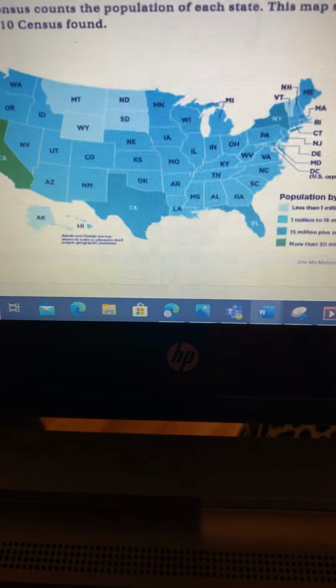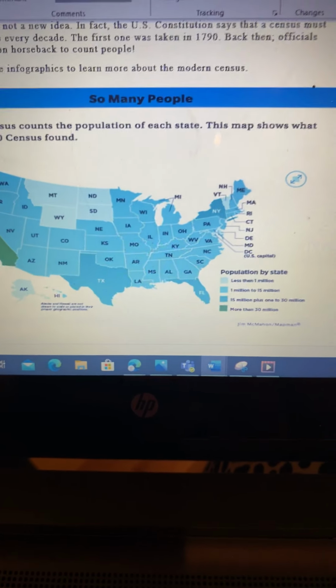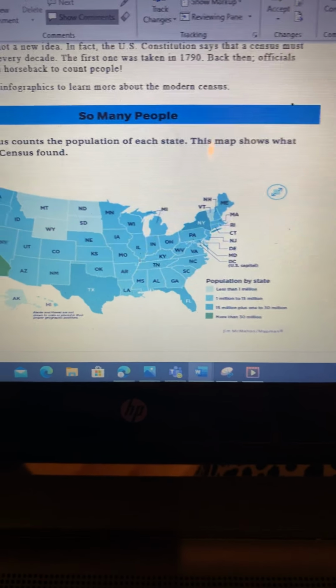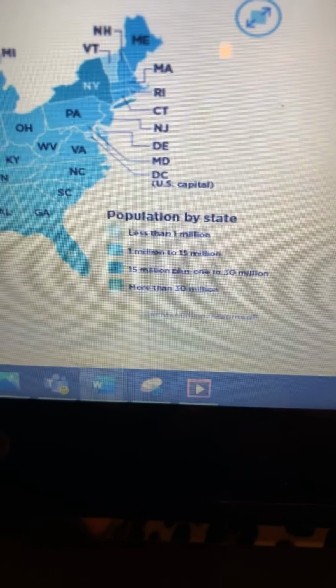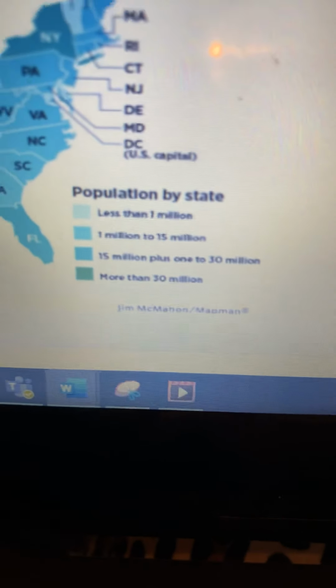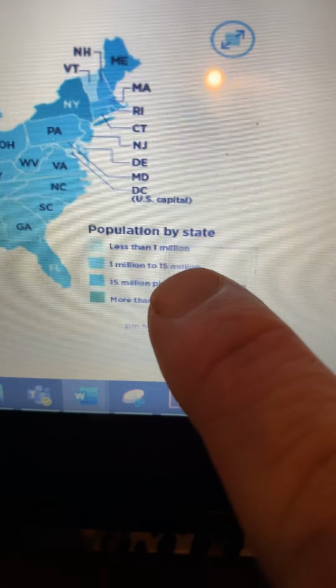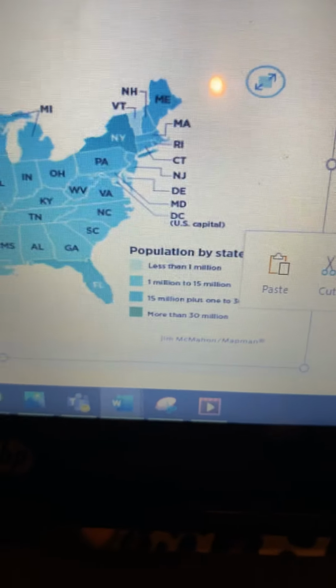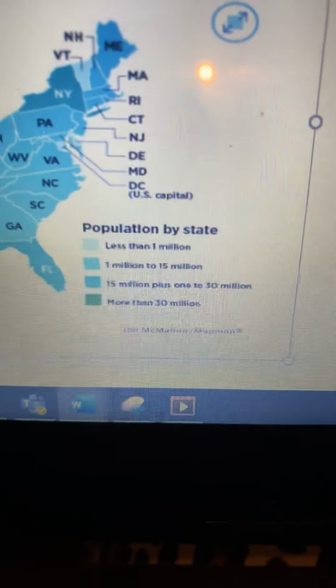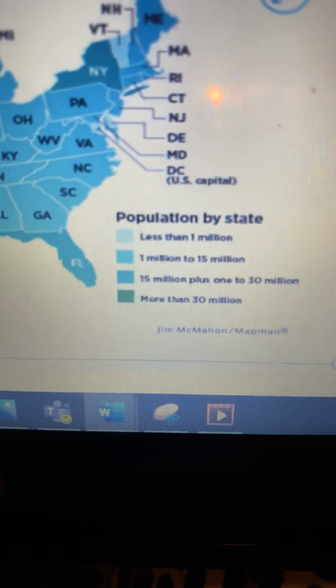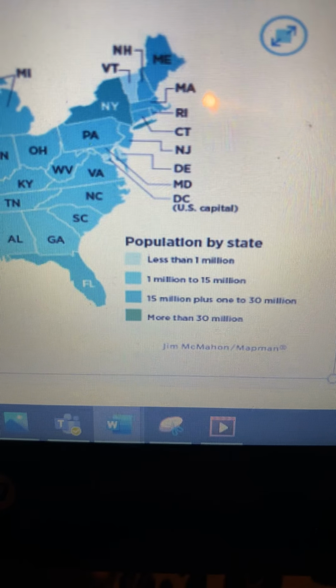Okay, so this is the map of our population. The census counts the population of each state. This map shows what the 2010 census found. Okay, here are the states. Down here is your key. And your key tells you what the colors mean of each state.